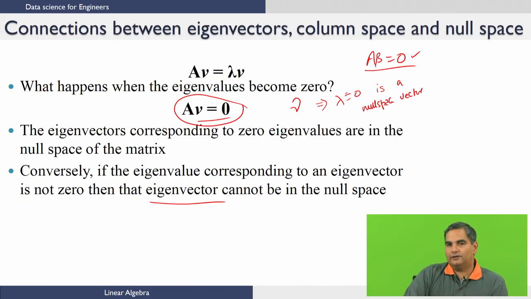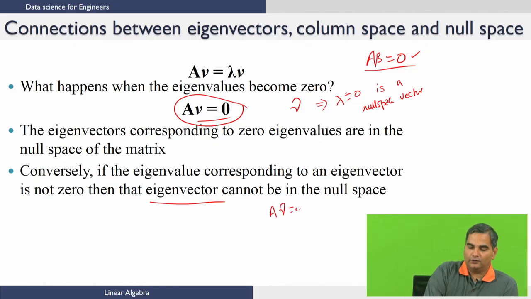If none of the eigenvalues are 0, that basically means that the matrix A is full rank, and that means that I can never solve A nu equal to 0 and get non-trivial nu. So, it is not possible if A is full rank.